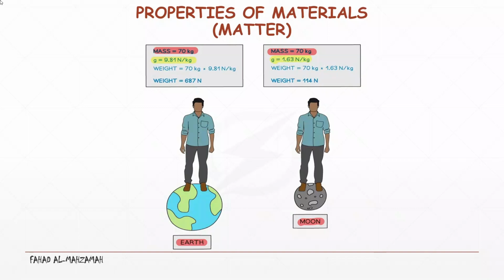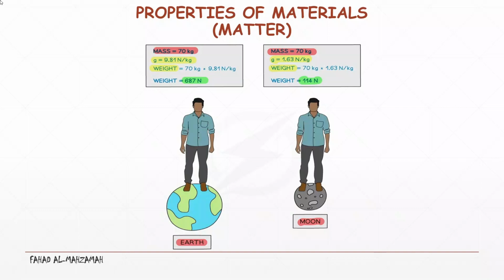On the Moon, the acceleration of gravity is 1.63. The weight is the multiplication of the mass and the acceleration of gravity. So the man has a weight on Earth of 687 Newtons, while on the Moon he has a weight of 114 Newtons. This is the main difference between mass and weight.